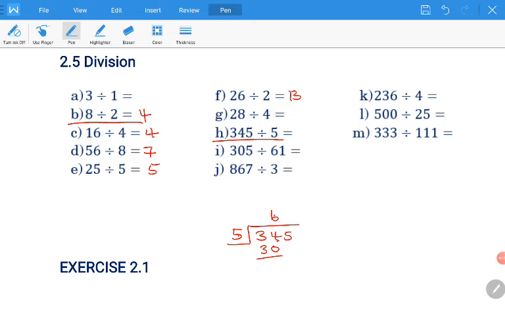So here our remainder is 4. So we take down 5. 5 into 45, this gives us 9. 9 times 5, this is 45. So here the remainder is 0. So 345 divided by 5 gives us 69.